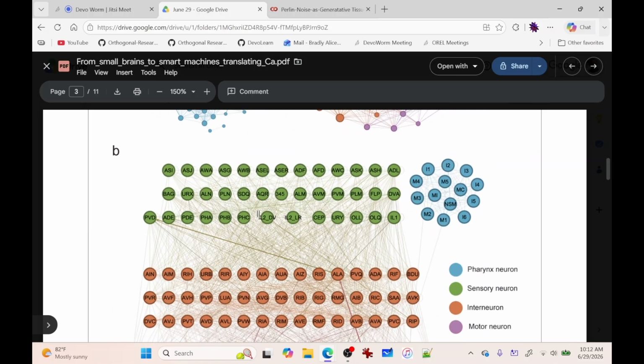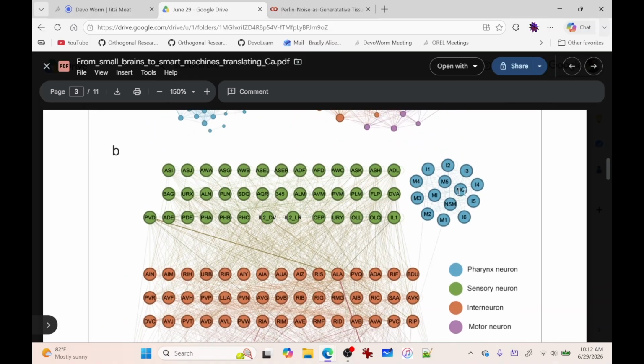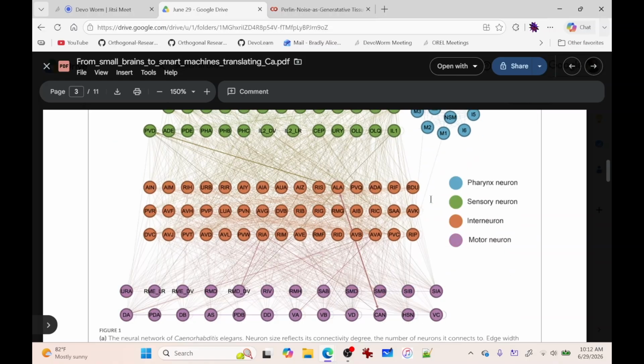And then B, of course, are these layers. So you have the sensory neurons, the interneurons, and the motor neurons in this three-layered configuration, with pharynx neurons being like sensory neurons going into the interneurons. So the idea here is you have these layers like you have in a neural network.